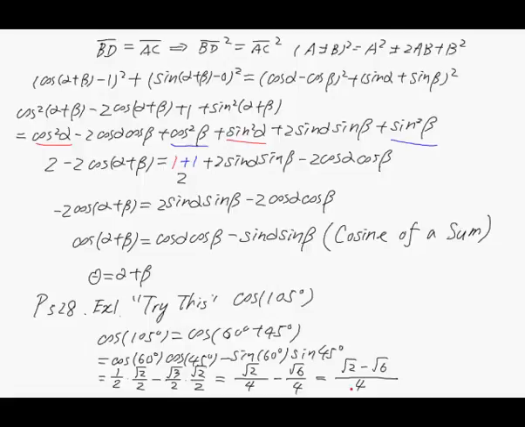Any question? So now, after we have the cosine of a sum identity, how can we find the identity for the cosine of a difference? How do we make use of the identity of a sum to get the identity of a difference?